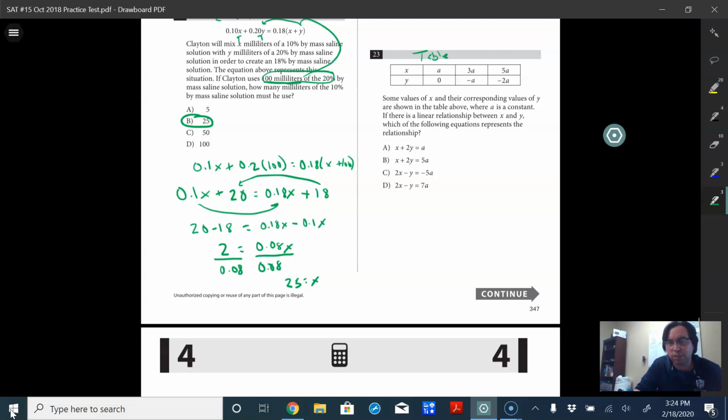You don't see many of these being done with the use of constants, so at first glance it might be a little bit odd, but really it's a lot simpler than it looks. It's asking which of the following equations represents the linear relationship between x and y. Here, just keep in mind, take the values given to you and see what equals what.